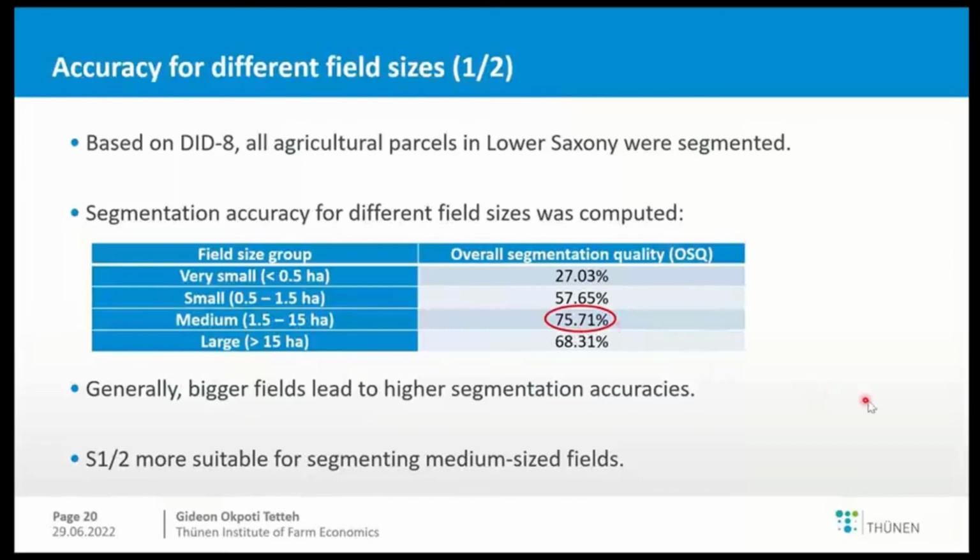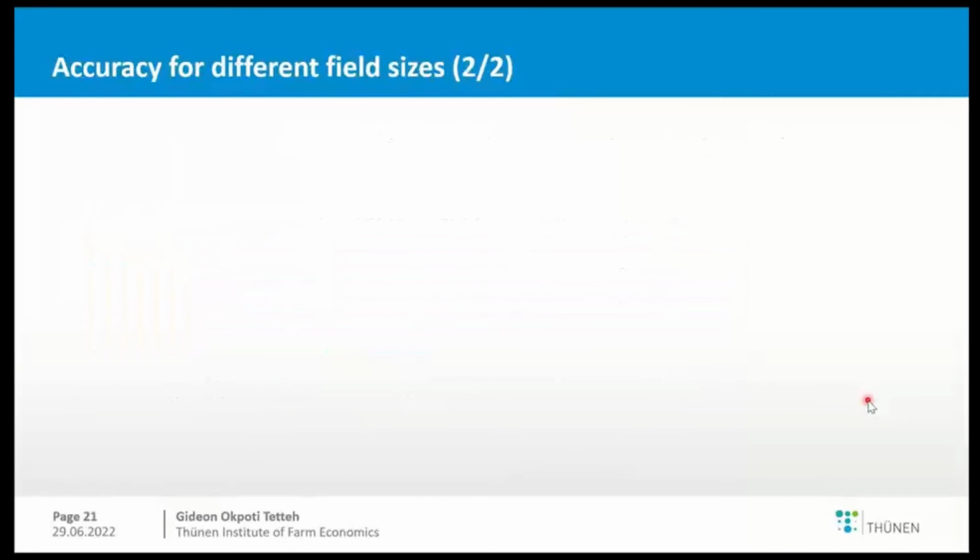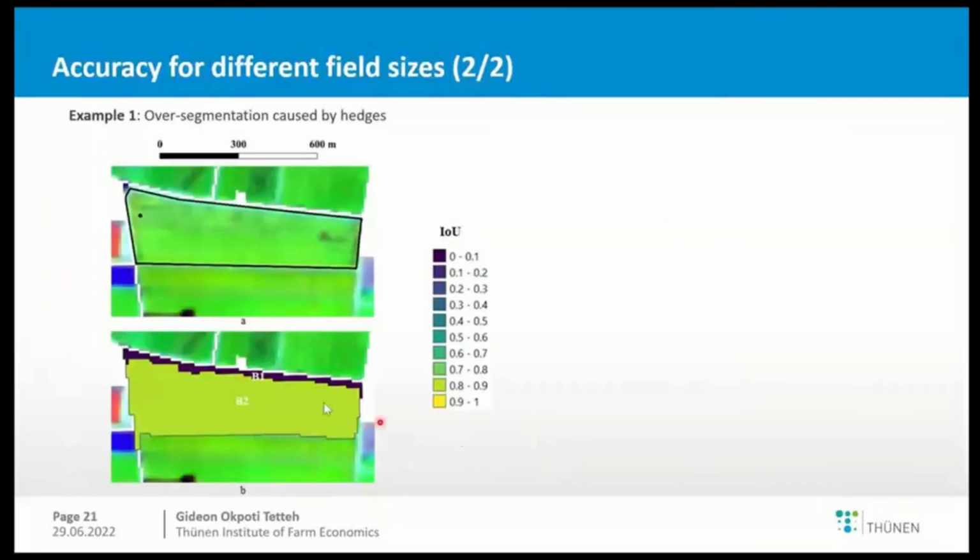So I tried to figure out why this happened, and I found two examples. The first is over-segmentation caused by the presence of hedges in the image. Here, the black outline represents the parcel declared by the farmer in the GSA. This farm is used to grow potato, with a size of 20 hectares. But after segmentation, you can see there's B1 and B2, so two different segments were created.